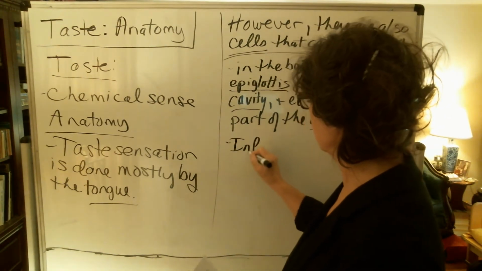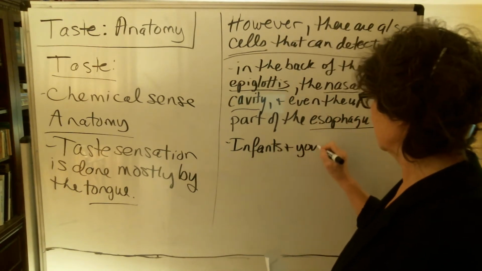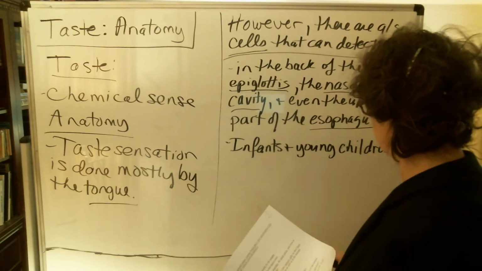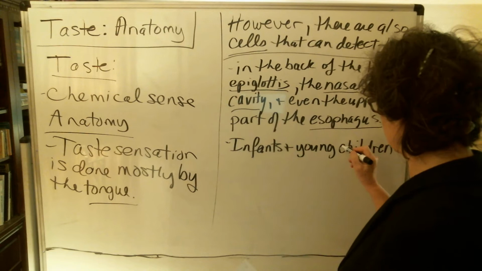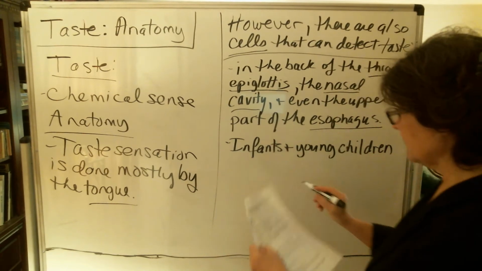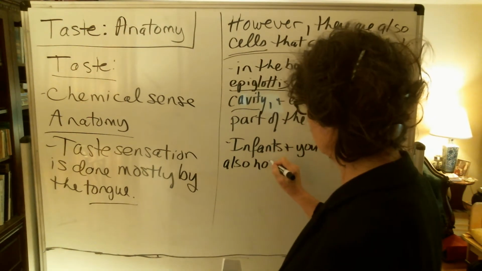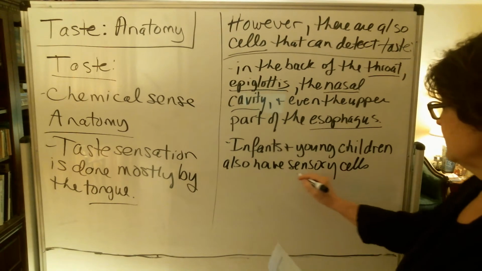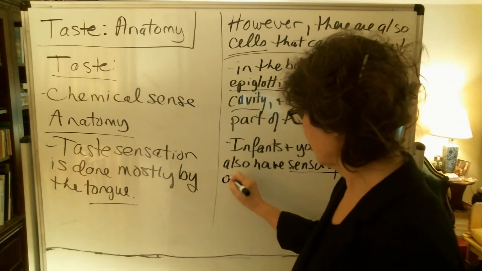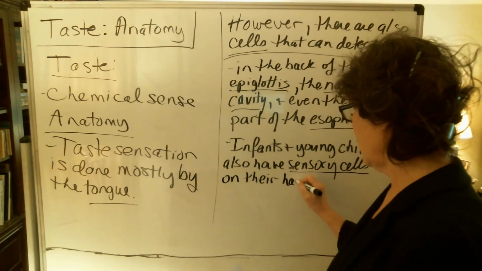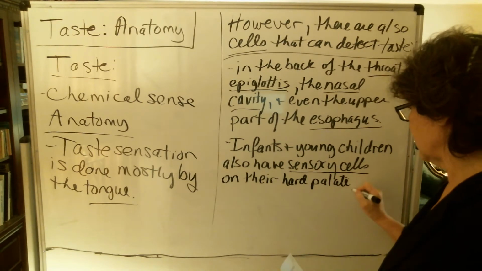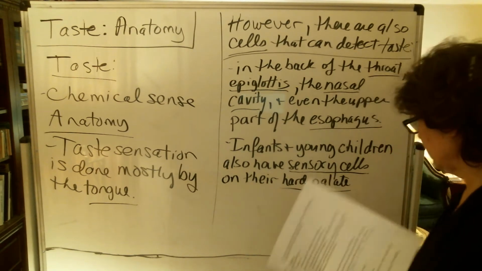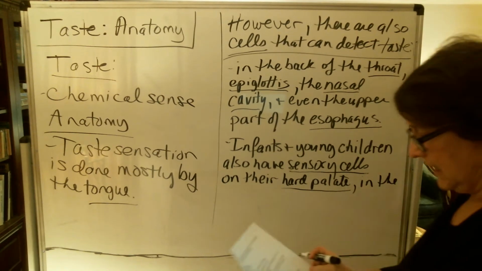And then infants and young children, that's a C, not an E, infants and young children also have sensory cells for taste, that is, on their hard palate in the middle.